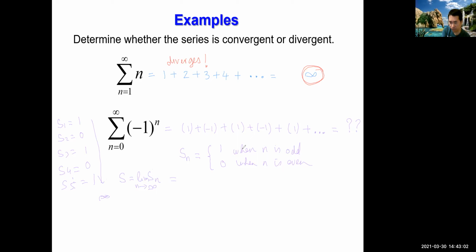Most of the time, using the definition to determine whether it converges is not efficient. By that I mean if you have to rely on the S of n formula, the sum of the first n terms, in this example it's going to be a nightmare.